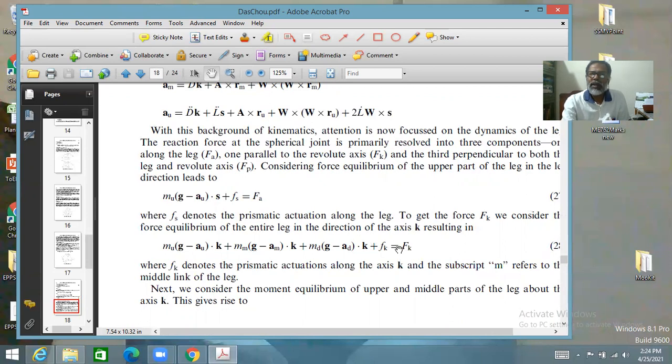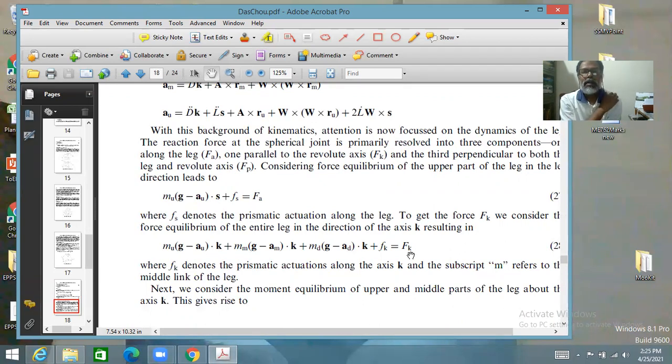So these two are two perpendicular components of the force that this leg will give at the top, at the platform connection point, along the leg and along the k axis.